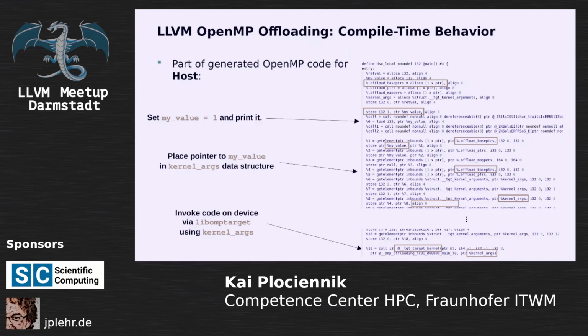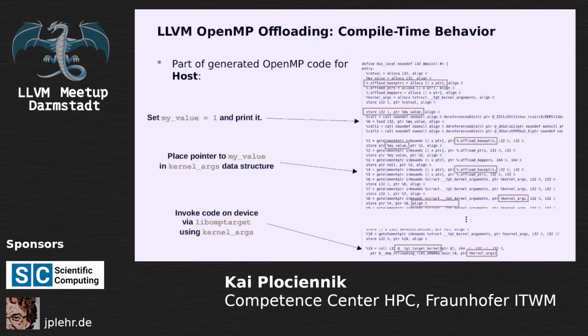The data mapped variables are in the end placed in these kernel args. It starts at the very top: offload base pointers, alloca 1 times pointer. It's an array of pointers, and each variable that is data mapped to the device from the host becomes an argument of this outlined function, as I've shown you.